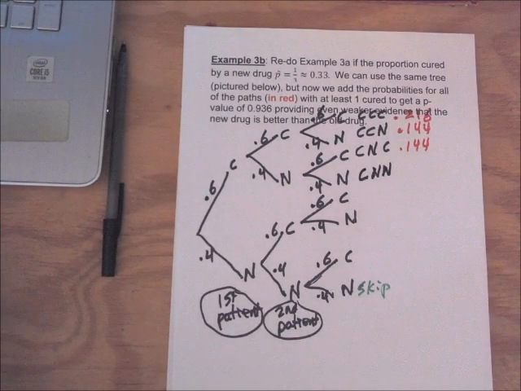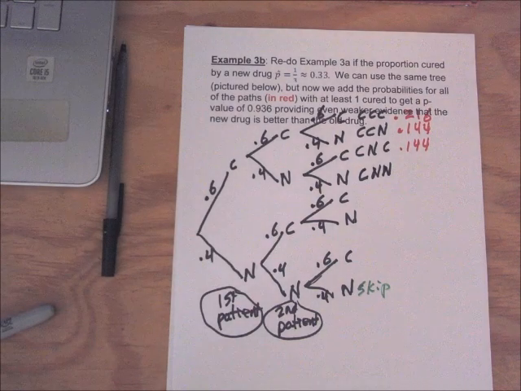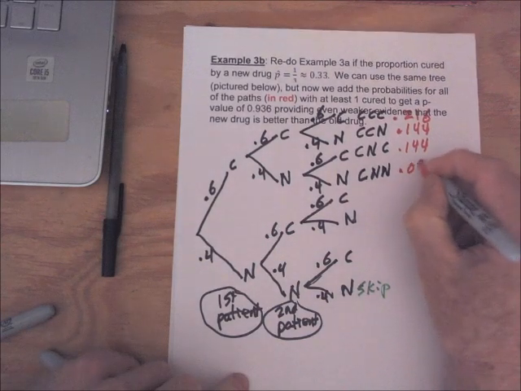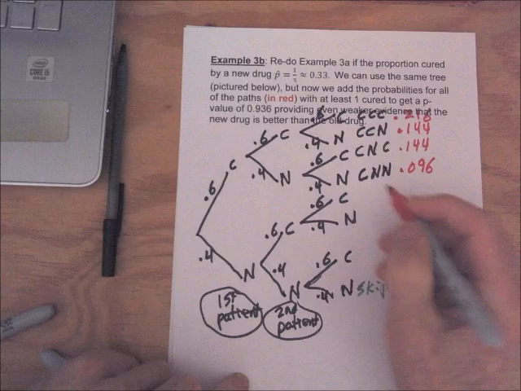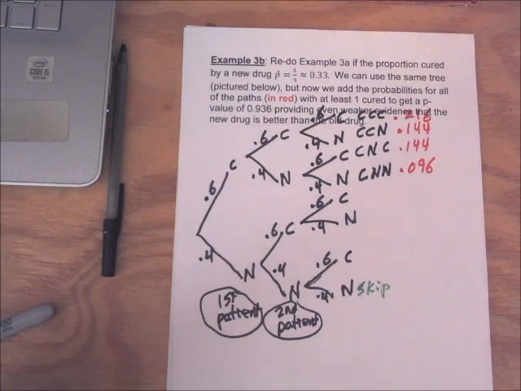Somehow I lost my meeting here. Okay. So that's going to be 0.096. And then we have next path, not cured, cured, cured, 0.144.